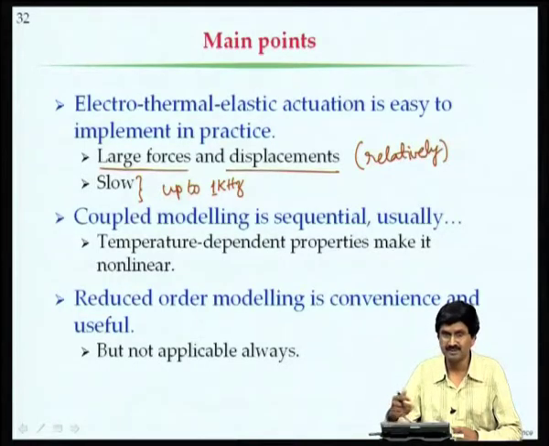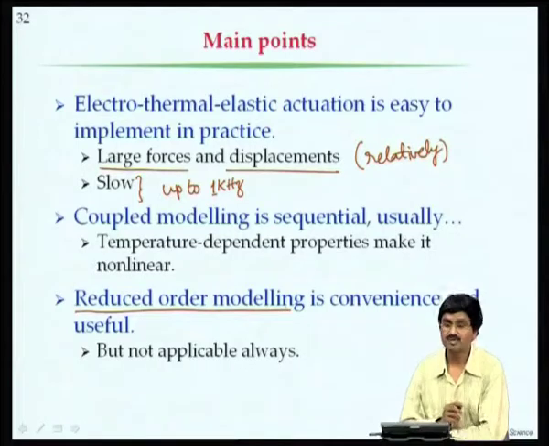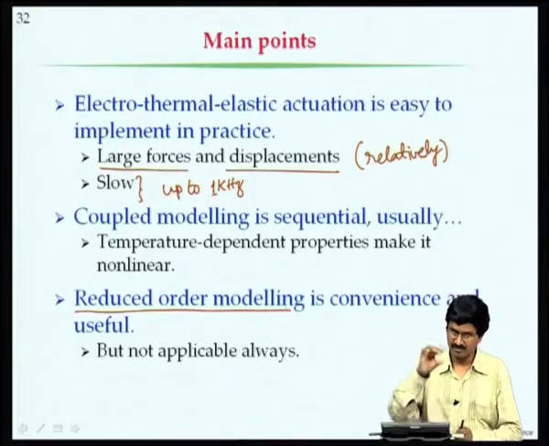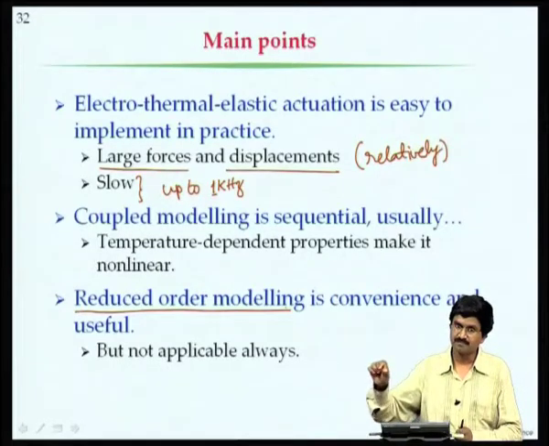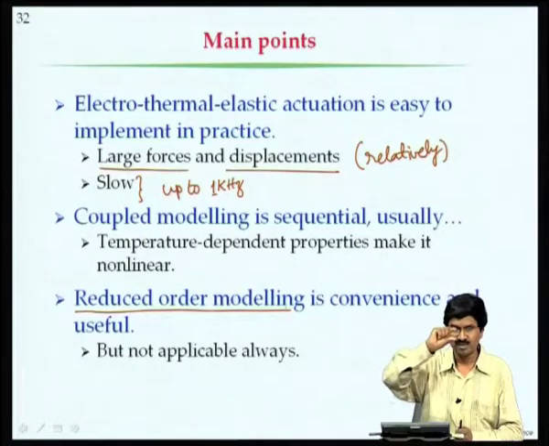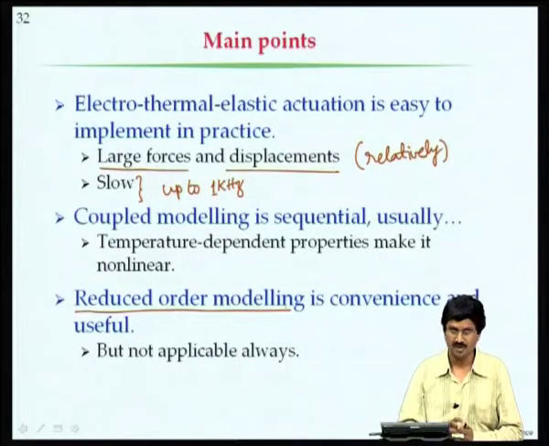When you include convection, the convection heat transfer coefficient also depends on temperature, and that also leads to nonlinearity, and the sequential coupling may be destroyed. And so, when you have large structures, we want to use reduced order modeling. There can be a large dimensional structure, but we will consider that as thin beams and make them one dimensional electrical resistors, one dimensional thermal resistors, and then beams, and use energy theorems to quickly calculate the deflection.